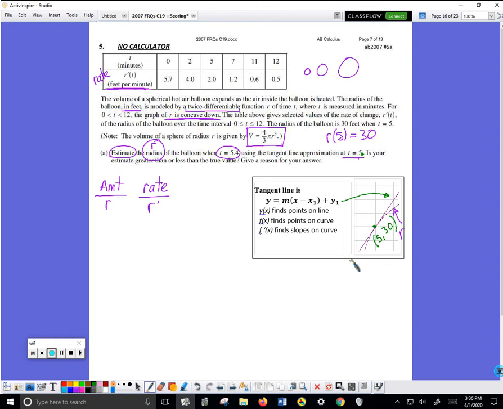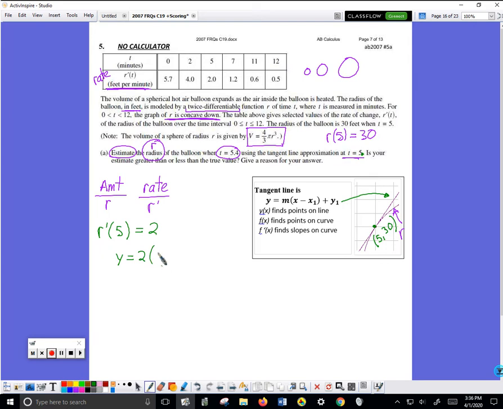So now I need the slope of this line, which means I need r prime at time equal 5. That's why they gave me the table. That's equal to 2. So now I have my tangent line equation, which is y equals the slope of the curve at time equal 5, the slope of the curve of r, that's 2.